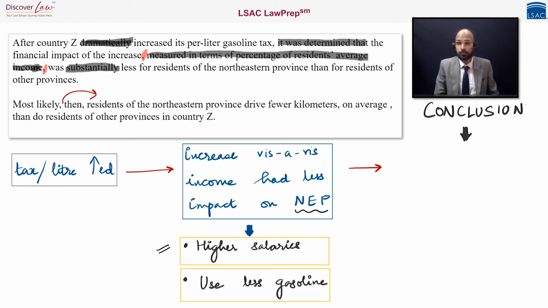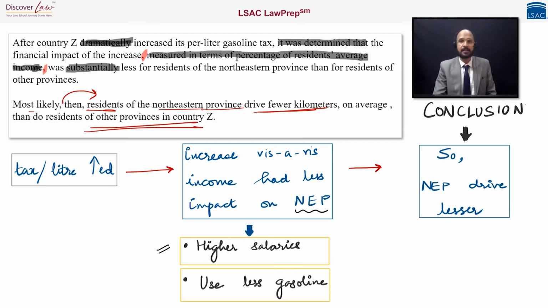The conclusion here says that most likely then, the residents of the northeastern province drive fewer kilometers than residents of other provinces. So the conclusion is that people of this region drive less, which means this is pointing towards the fact that they use less gasoline.